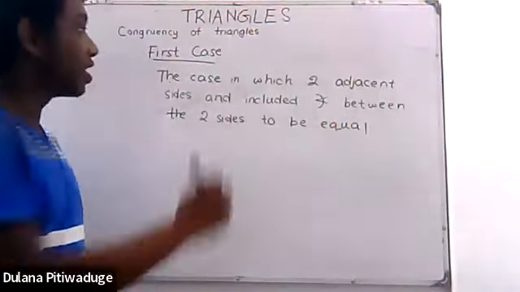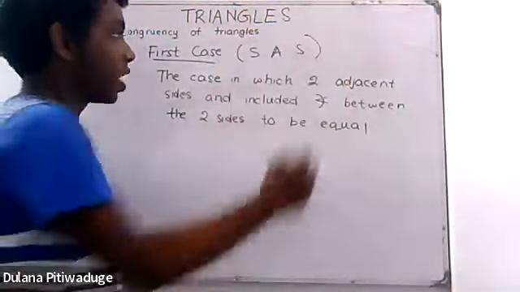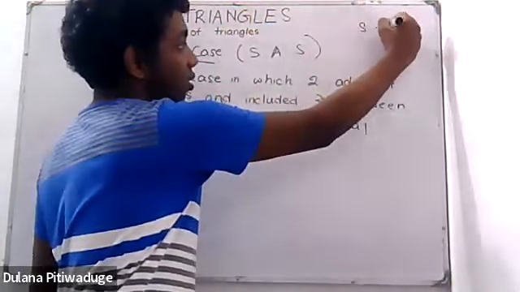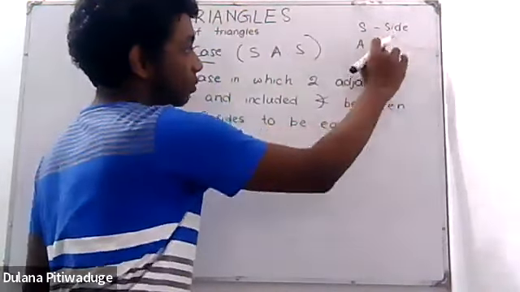In short form, we can say that the case is SAS. S stands for side and A stands for angle.